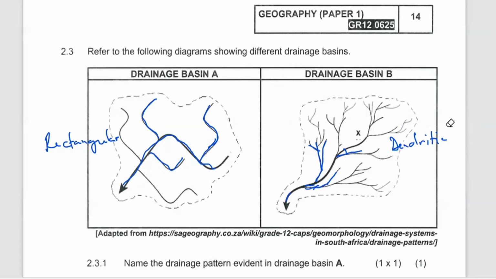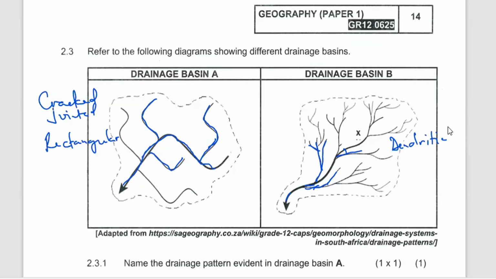And if we try to analyze the nature of the underlying rock which facilitates the development of these two drainage patterns, for rectangular drainage pattern, we are looking at a situation whereby the underlying rock is hard and resistant, but is a cracked rock. Rocks which are cracked or rocks which are jointed. The rocks are hard and resistant, but they are cracked or jointed, such that the streams follow within the cracks of the rocks.